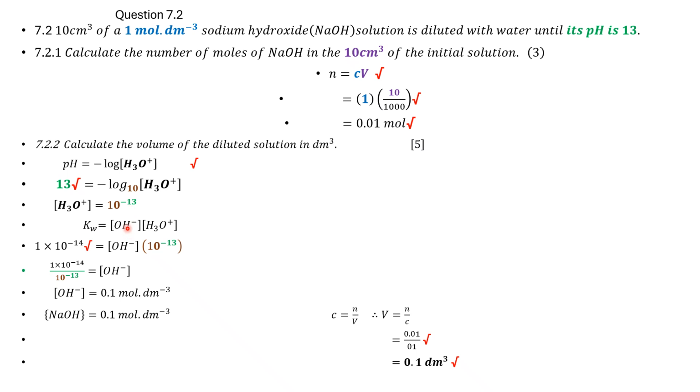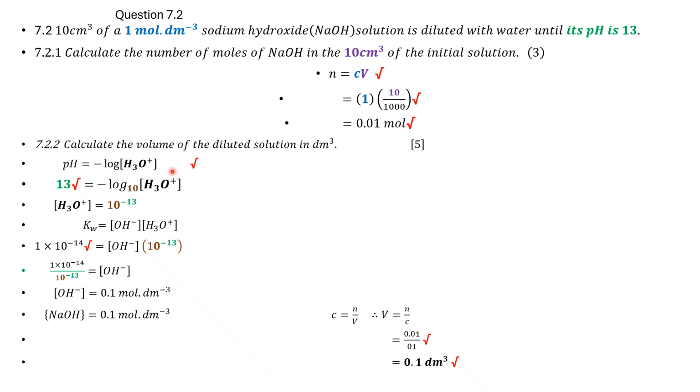So the constant of water equals the concentration of OH minus times the concentration of H3O plus, the concentration of hydronium ions times the concentration of hydroxide ions. So the constant of water is 1 times 10 to the negative 14 equals OH minus times H3O plus, which we got as 10 to the negative 13.